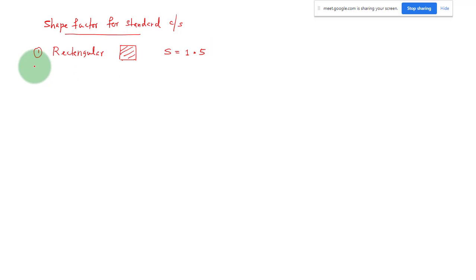Okay, the shape factor for the standard shapes or standard cross sections. The first we have seen already, the rectangular section, the solid rectangular section, the shape factor is equal to 1.5.